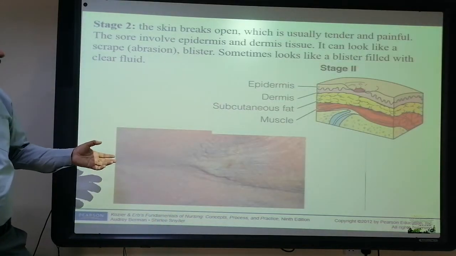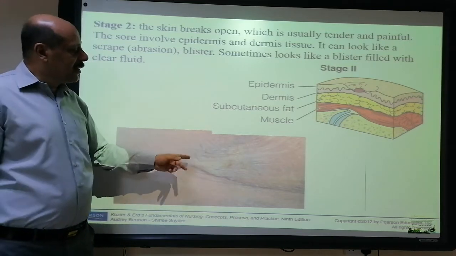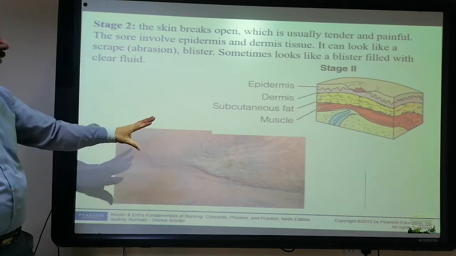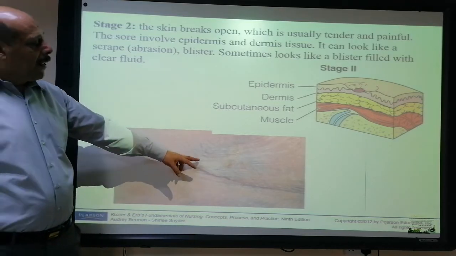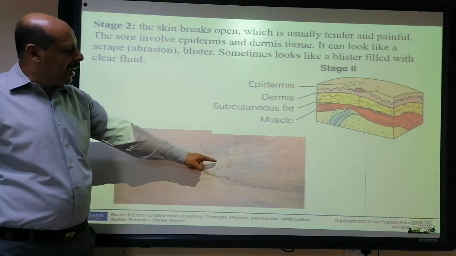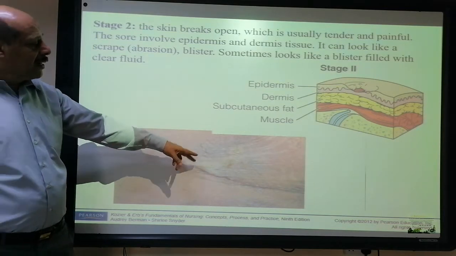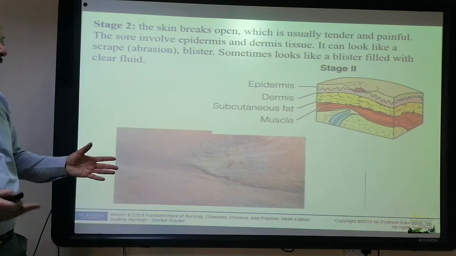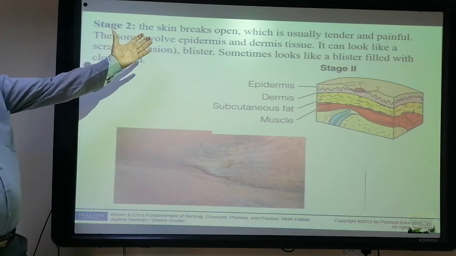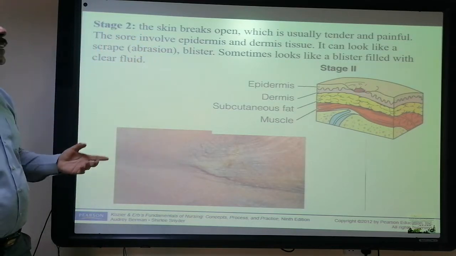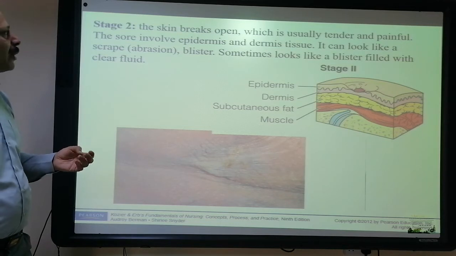The second stage, here you see the changes. The color starts to change, there are some vesicles, some small breaking down. The color is also not red, it's going toward black. So the skin breaks open, which is usually tender and painful.